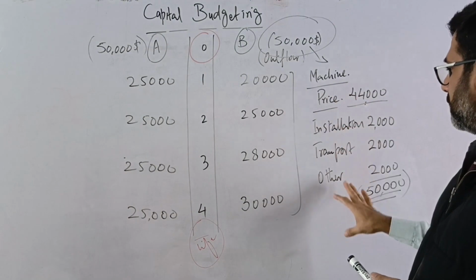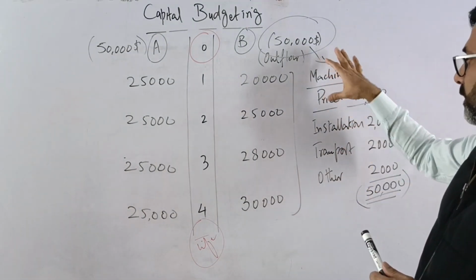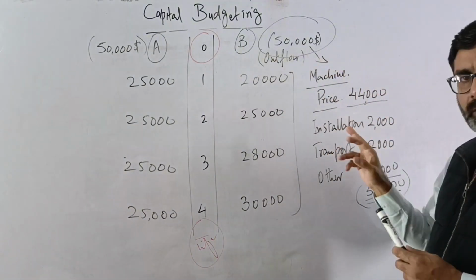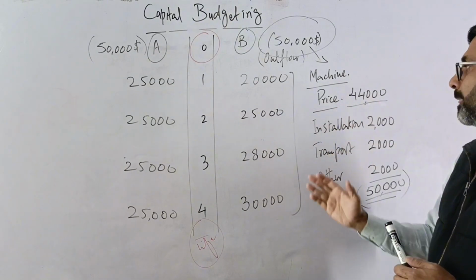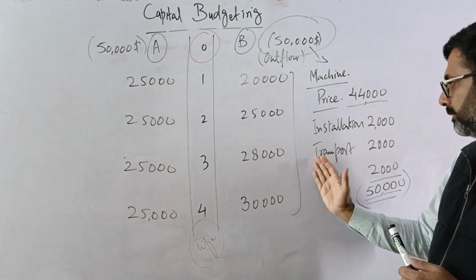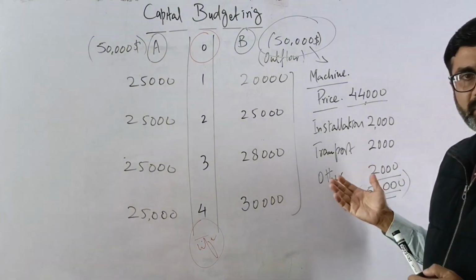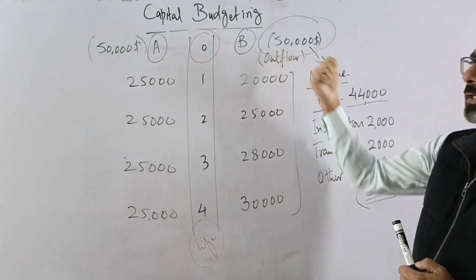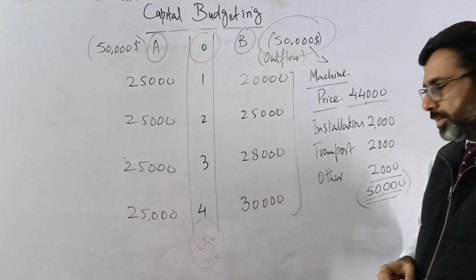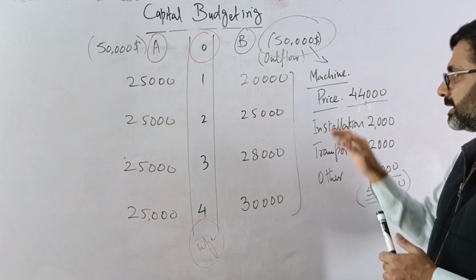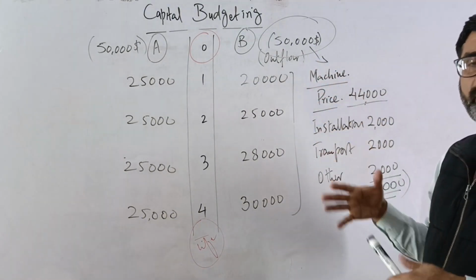So all these amounts will be included, and this 50,000 will be the total of the price or cost of the machine plus installation plus transport plus other costs directly related to the investment in this project. So the 50,000 is a combination of 3 or 4 different values.